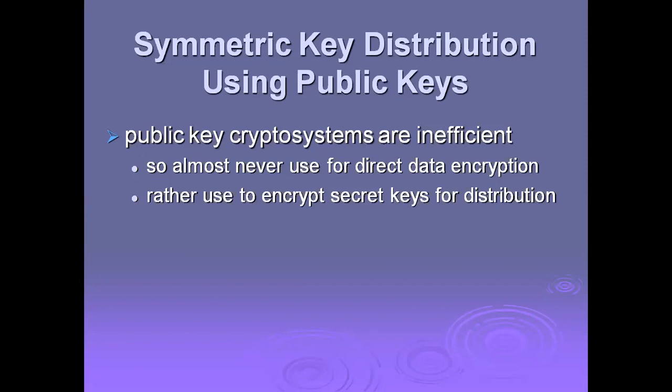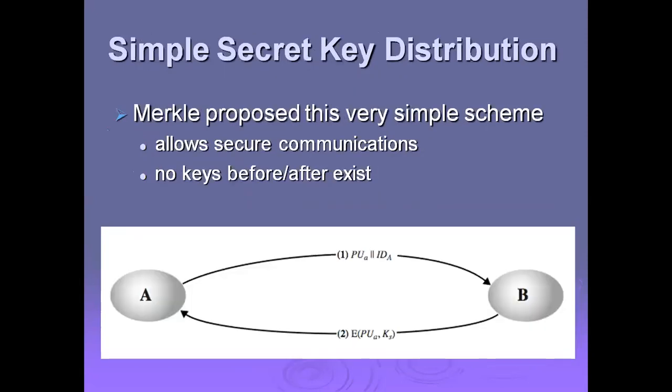Now, simple secret key distribution. Merkle proposed this simple scheme. Initially there are initiator A and responder B, two parties. That is source and destination, or client and server, or initiator and responder.